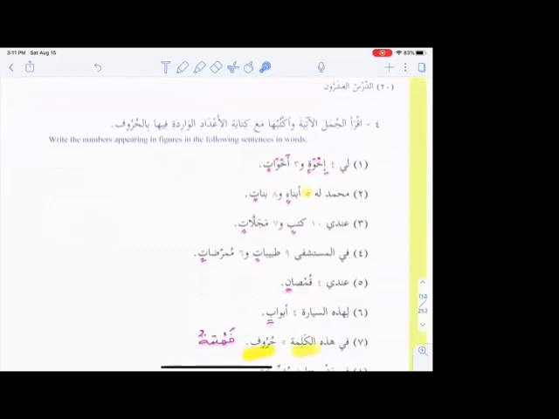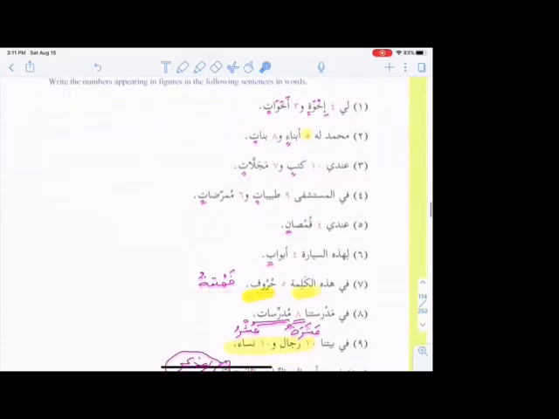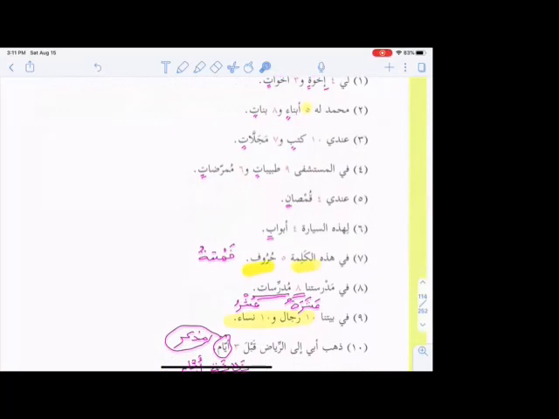Lihadi sayarati, to this car. Abwab, bab is a muzakkar, so you will say arba'atu abwabin. Fine. In this word, there are 5 letters, khamsatu huruf. In our school, fi madrasatina. What do you have in your school?